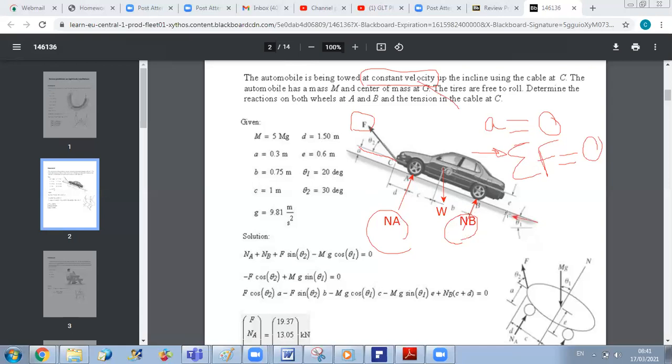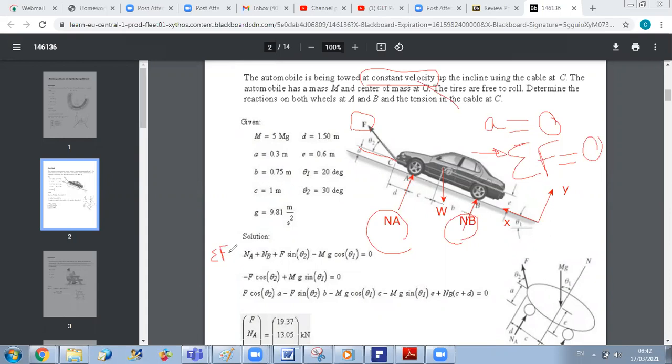I can take X along the inclined line and Y perpendicular to the inclined line, because this will facilitate my projection. Okay, so this is X, this is Y. I will start by writing sum of Y equal to 0. So this first relation represents sum of Y equals 0.